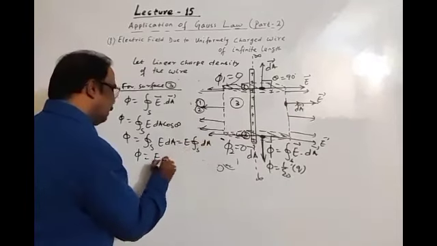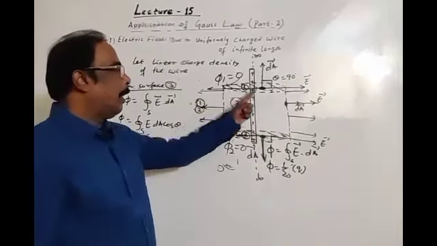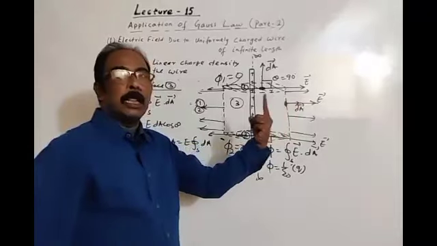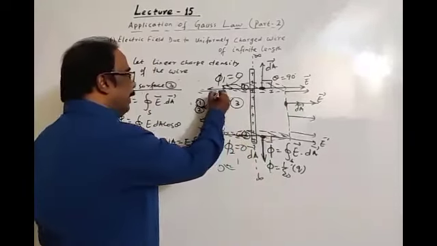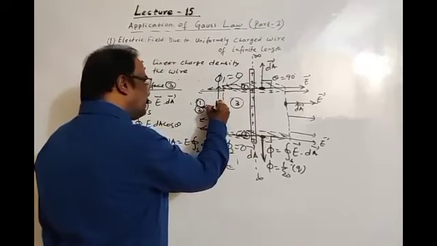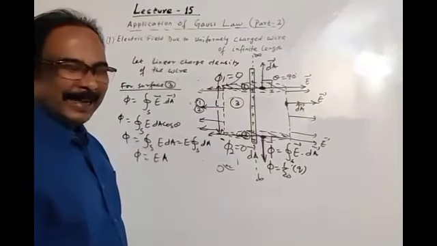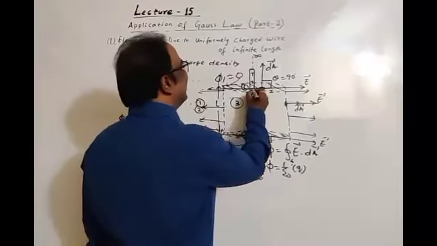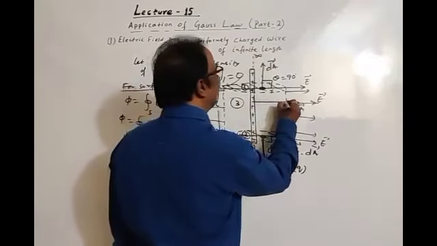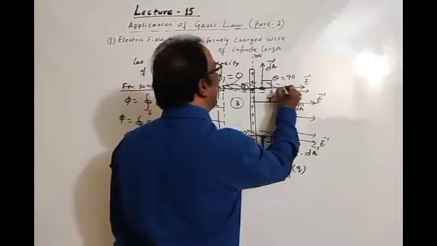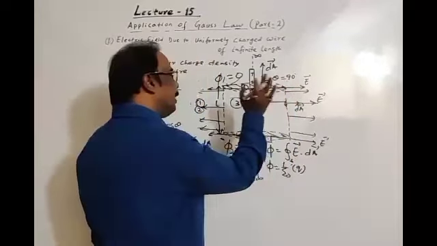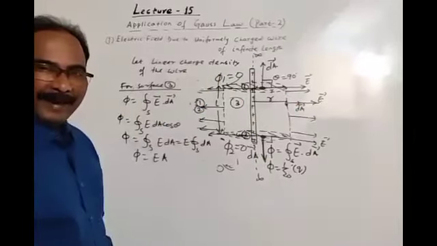of dA is A, and here for this Gaussian surface all around the wire, let the length of this imaginary Gaussian surface be L, and distance from the axis of the wire is R, means R is the radius of the imaginary Gaussian cylindrical surface.